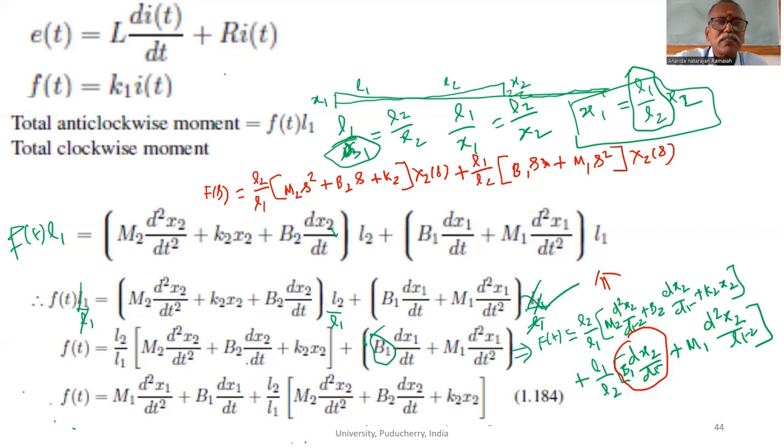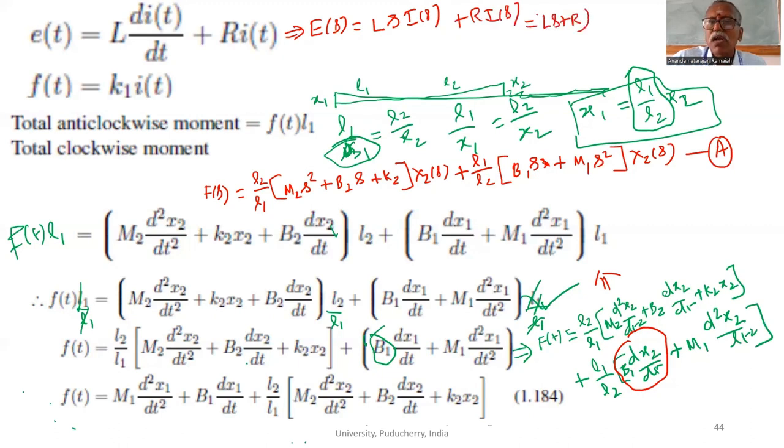Let this equation be A. E of s equal to L s I of s plus R I of s, that is equal to Ls plus R multiplied by I of s. Let this be B.